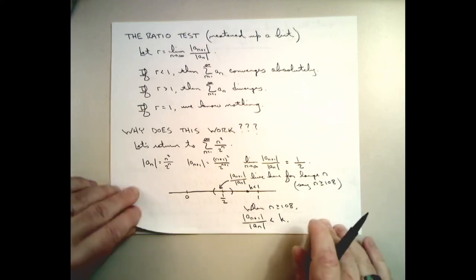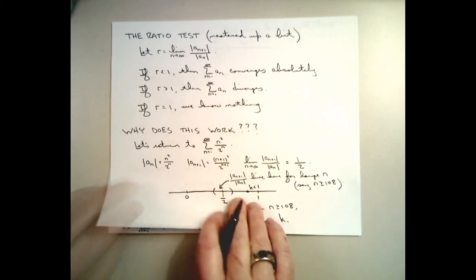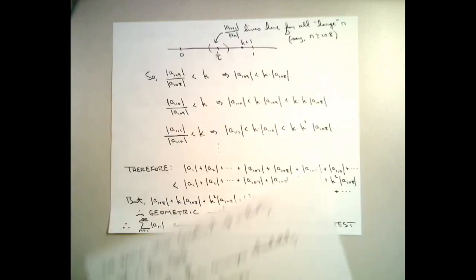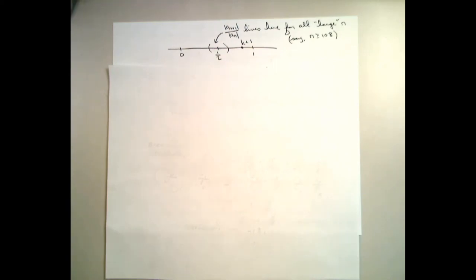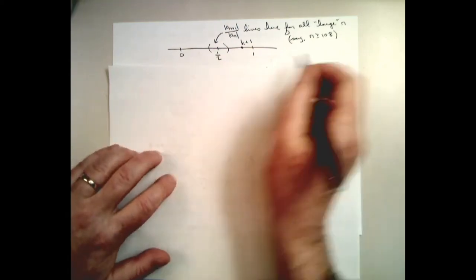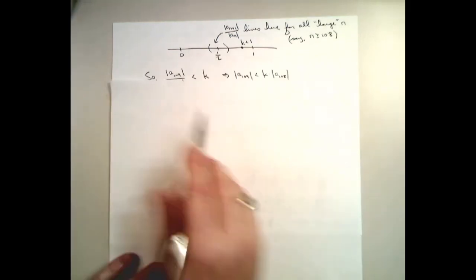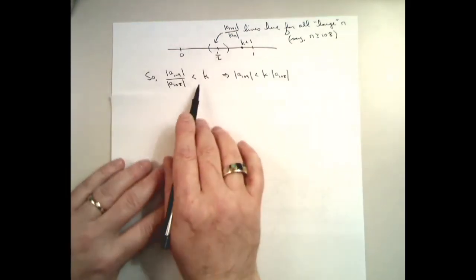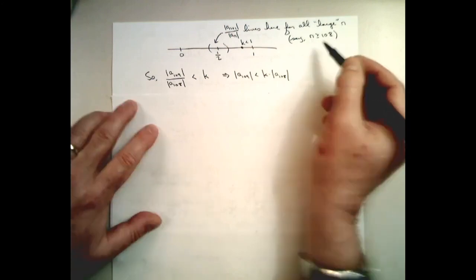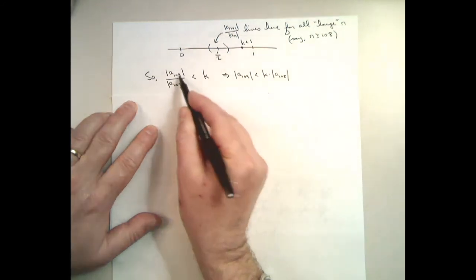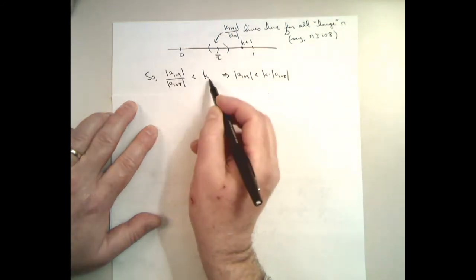So what? Let me draw this picture again up here. Since all of these ratios are smaller than k, and we're assuming n is bigger than or equal to 108, the 109th term divided by the 108th term is smaller than k.